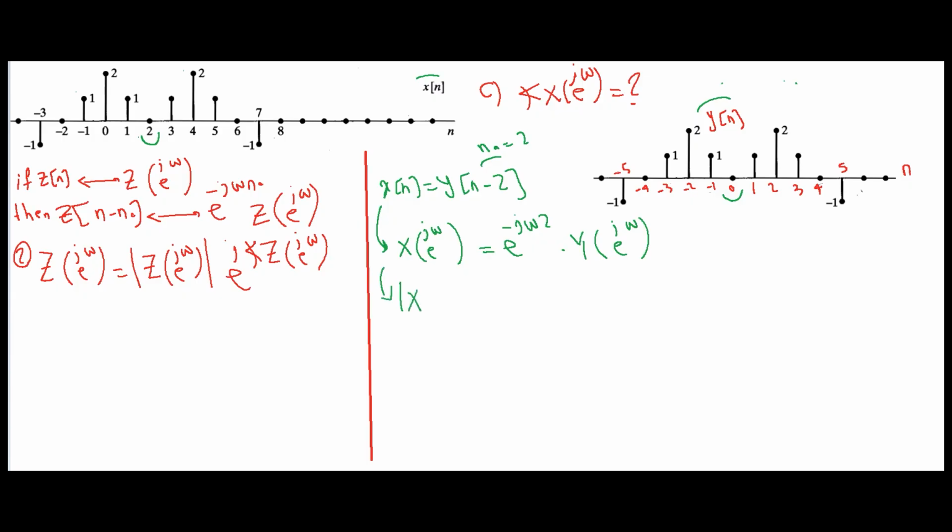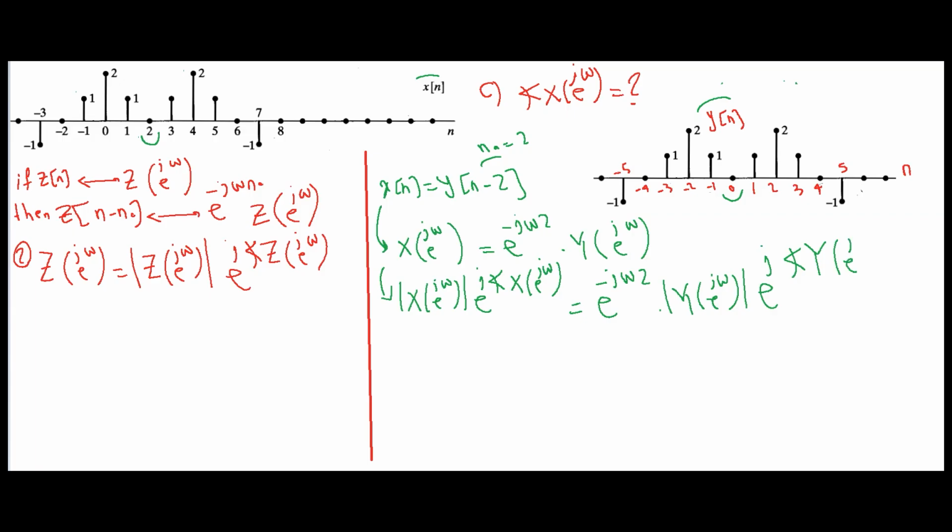Using this idea, we compare both sides and conclude that the phase of X(e to the power j omega) is equal to minus 2 omega plus the phase of Y(e to the power j omega).